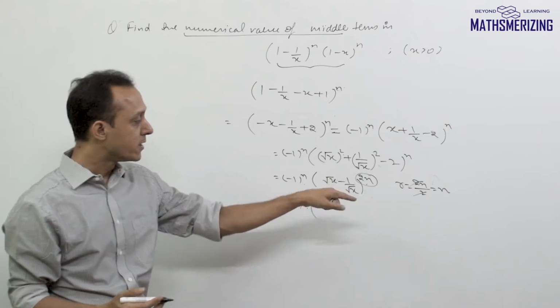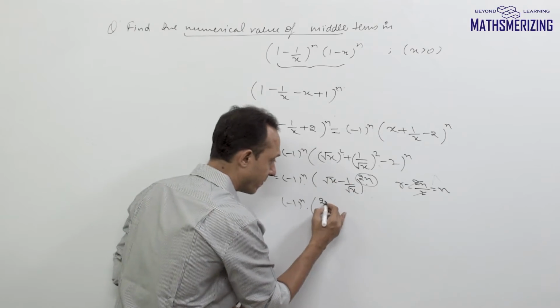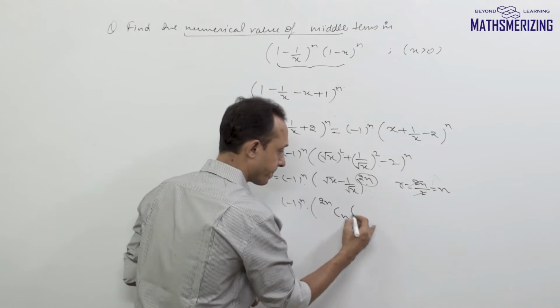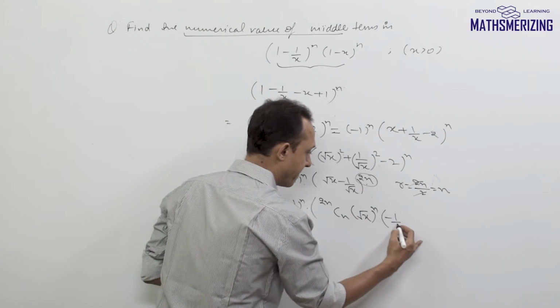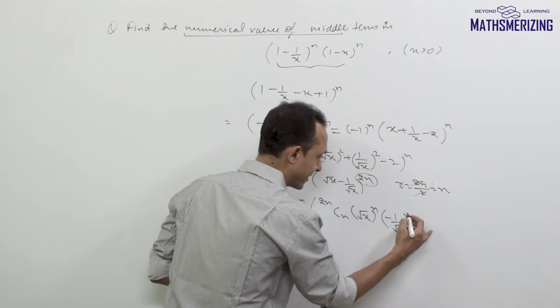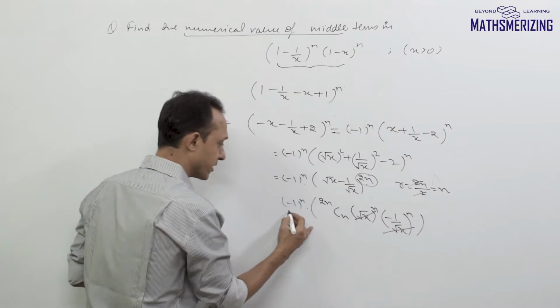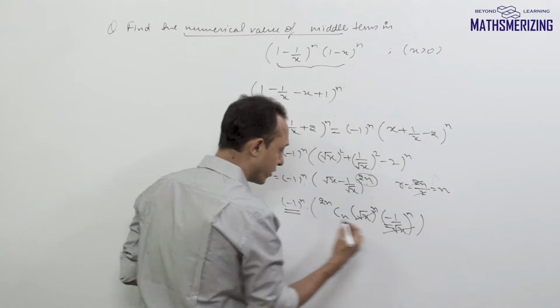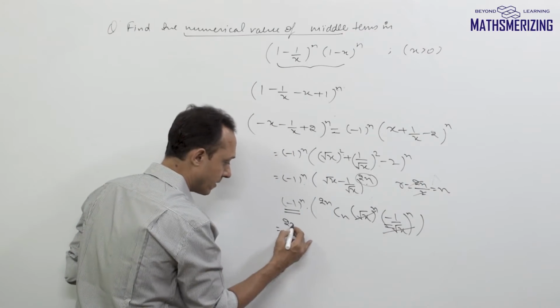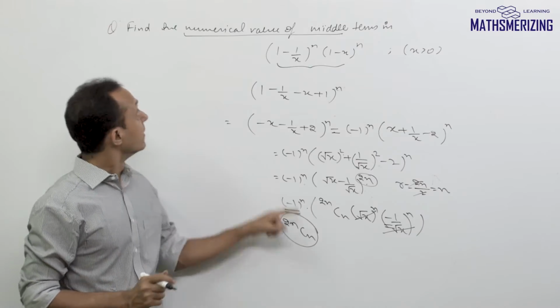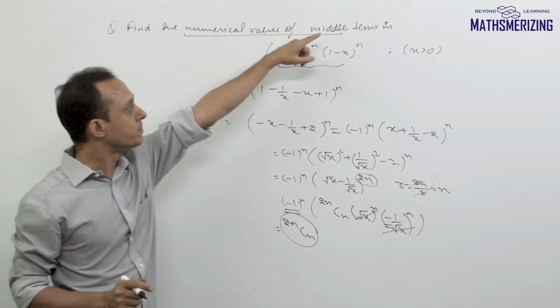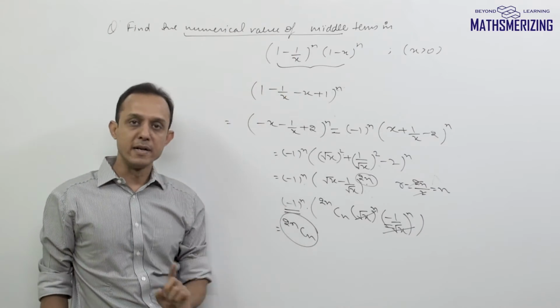So there will be the t(n+1)th term, and its coefficient will be given by 2nCn (under root x)^n, 2n minus n will be n, and then (minus 1 upon under root x)^n, so it will get cancelled. So this is (minus 1)^n into (minus 1)^n, which is simply plus 1. So the answer to this question simply will be 2nCn. So the numerical value of the middle term in this expansion will be 2nCn.